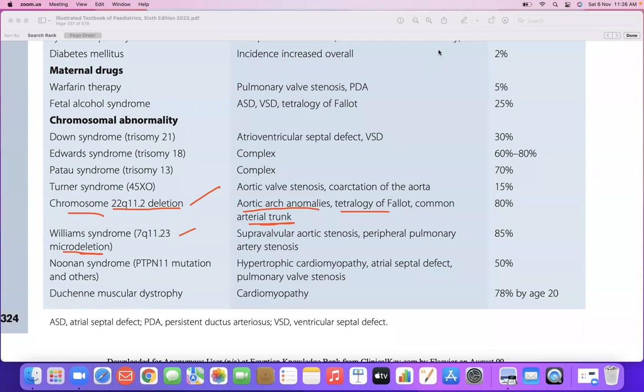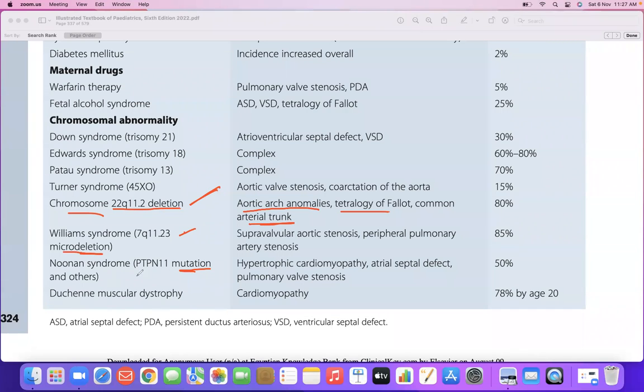You have to remember, because Williams and DiGeorge are the common cases in the exam. Then Noonan's syndrome, it is a mutation. We read there the causes in the chromosomes can be a whole chromosomal abnormality, a deletion, or a point mutation. So for deletions, the example is DiGeorge syndrome and Williams syndrome.